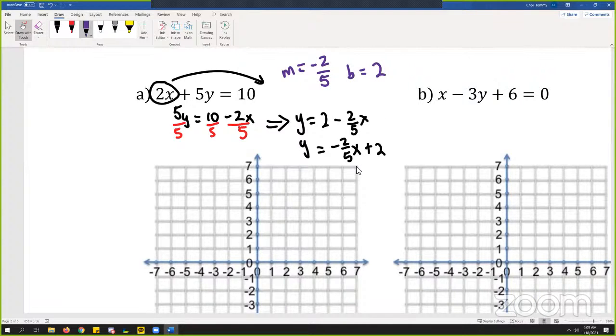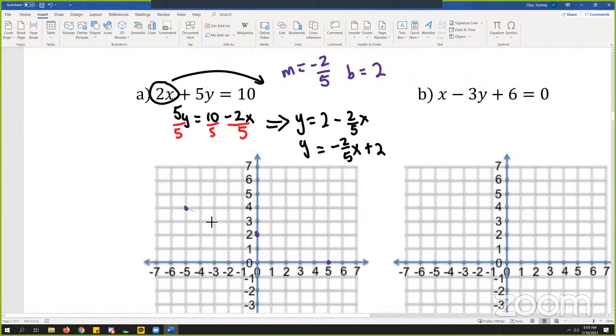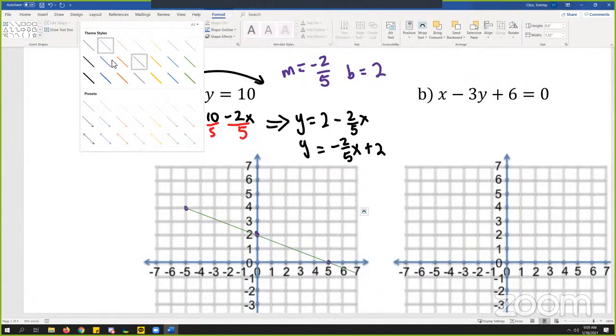Okay? So once we have that down, we can now graph it. We have our 2, and it's down 2, right 5. You can go the opposite way, and we get our graph. Like so.